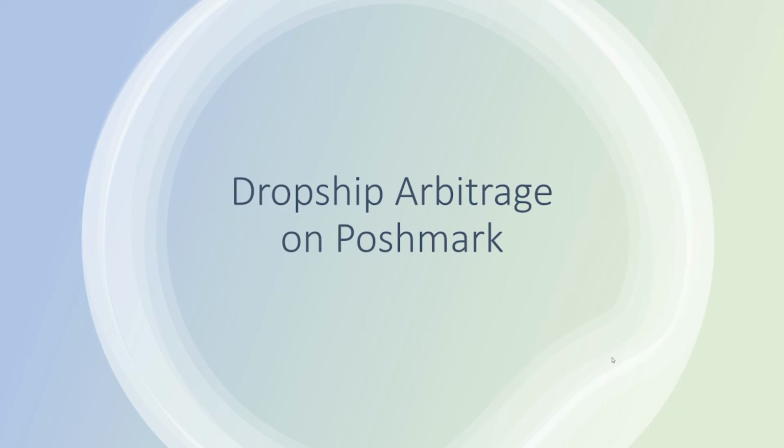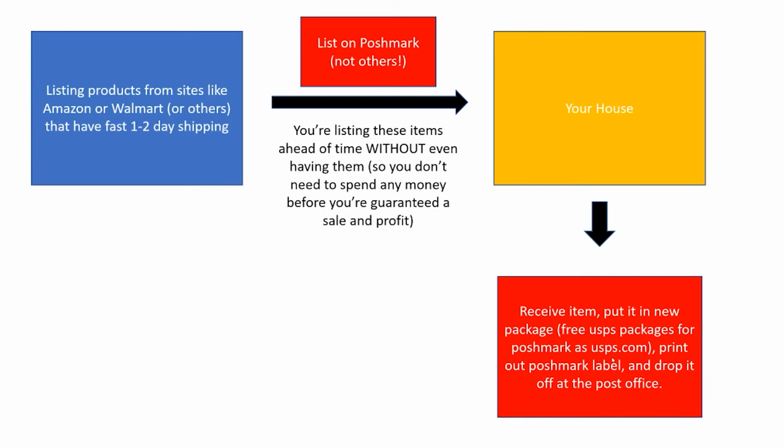Now, one more form of reselling that you can get into before we get into the two most scalable forms here is dropship arbitrage on Poshmark, okay? Now, I'm not a huge fan of drop shipping, and you're not really allowed to list on any other sites. That's why I say specifically Poshmark. If you do this on Amazon, eventually they're going to catch you. Most of the time, there are some loopholes there, but most of the time they're going to catch you. If you do this on Amazon or on eBay, they're going to suspend you.